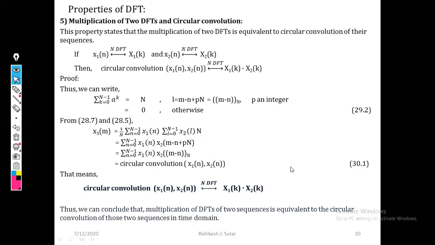So what we can conclude is that multiplication of two DFTs, x1 of k and x2 of k, is equivalent to circular convolution of their time domain sequences, and that is what circular convolution is.